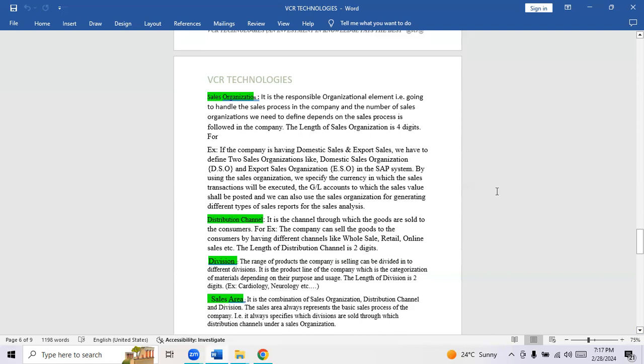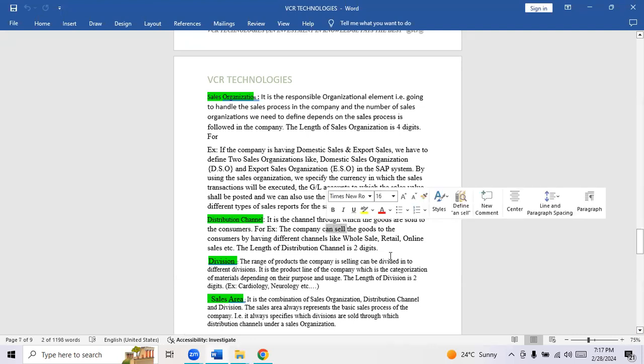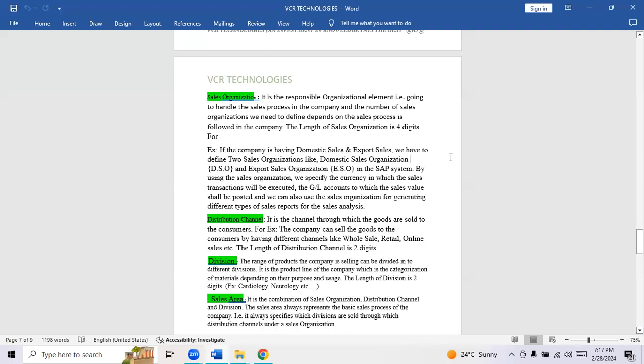Next, coming to the next organizational element, distribution channel. It is the channel through which the goods are sold to the consumer. There is one point I have to tell you: there is a difference between customer and consumer. Customer means we go to a shop and buy a product. We are the customers.